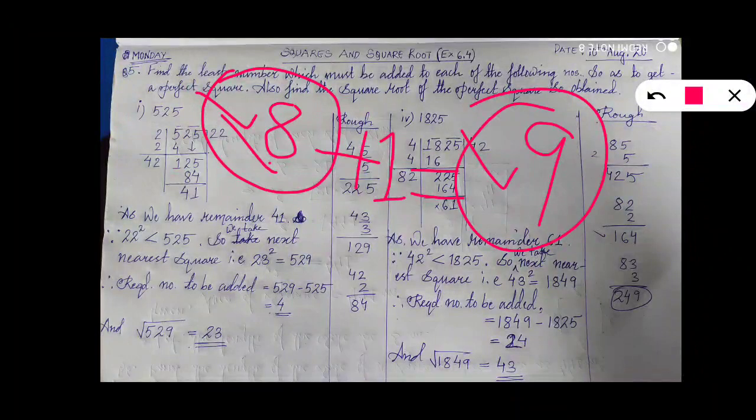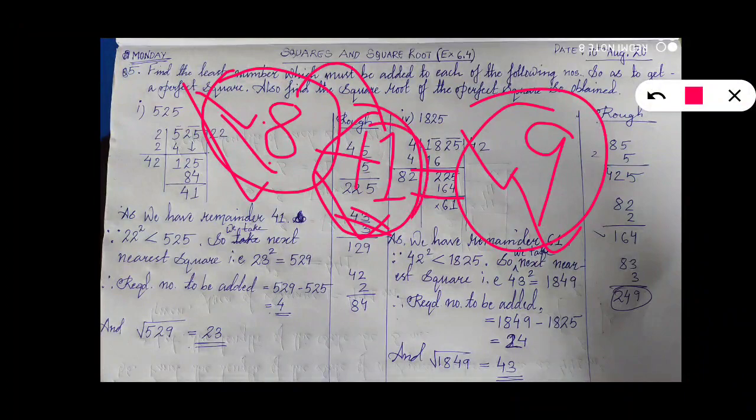So this is a perfect square. Is there any number less than 1 which must be added in 8 to get a perfect square? There's no number less than 1 which you add here and you get a perfect square. So that's why the smallest number that should be added to 8 to get a perfect square is 1.